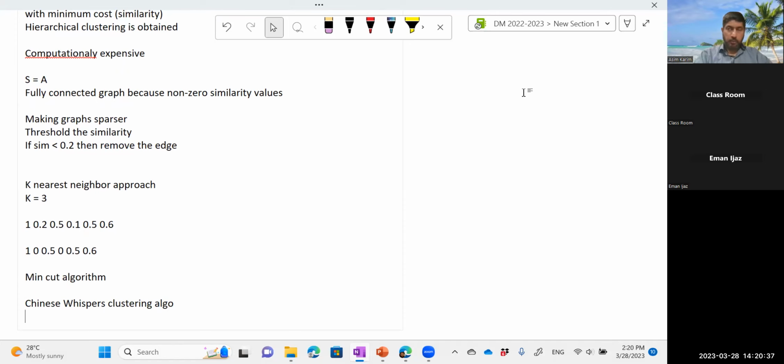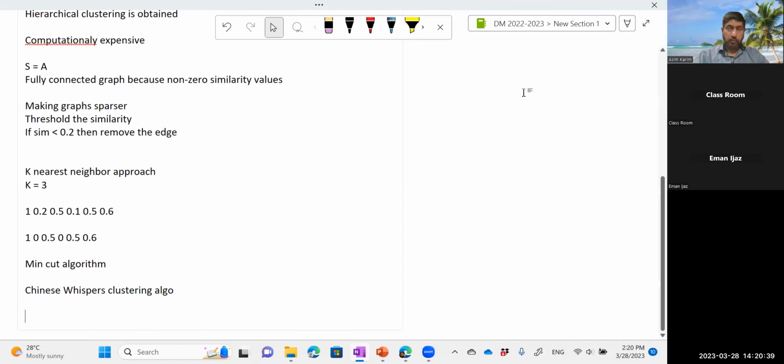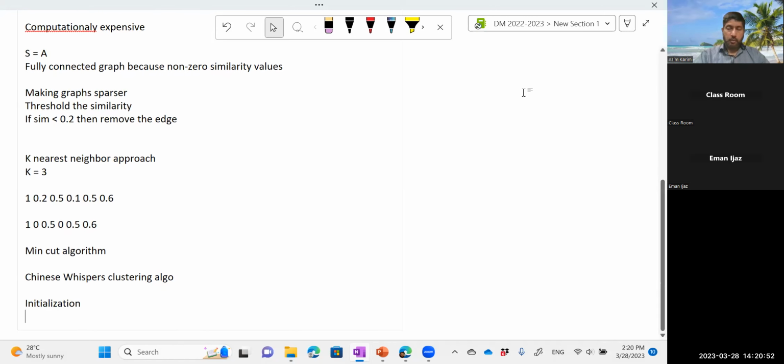So let me describe the process of the algorithm and then we'll see the intuition behind it. So what is the initialization? Initialization is assign each object a different class label.